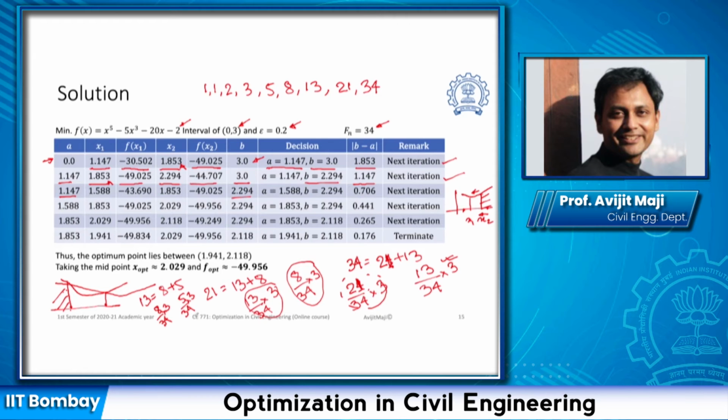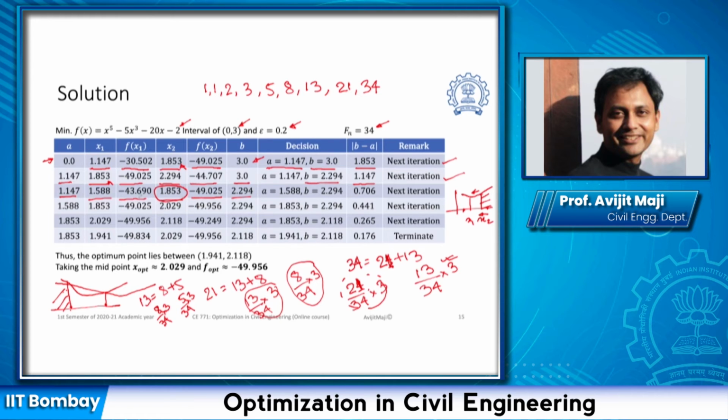So once we find the value of these two fractions, and based on these two fractions find the points, we find that in the revised boundary these points are going to be 1.588 and 1.853. In these 2 points, 1.853 is the same point which we are retaining from the previous iteration, so we can retain the same function value, and at the new point the function value is this.